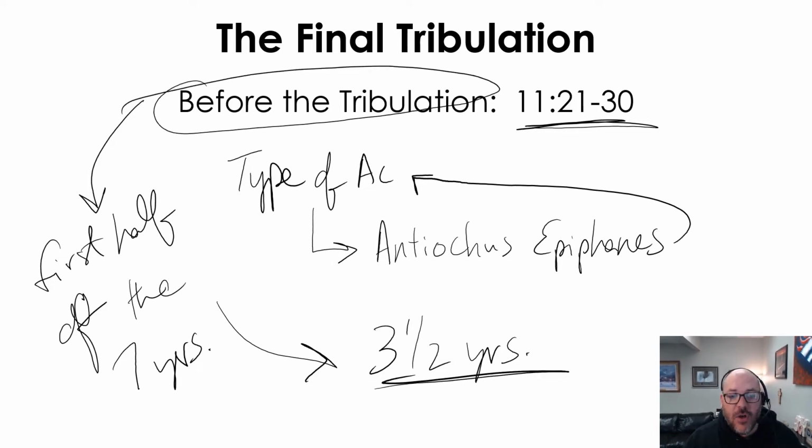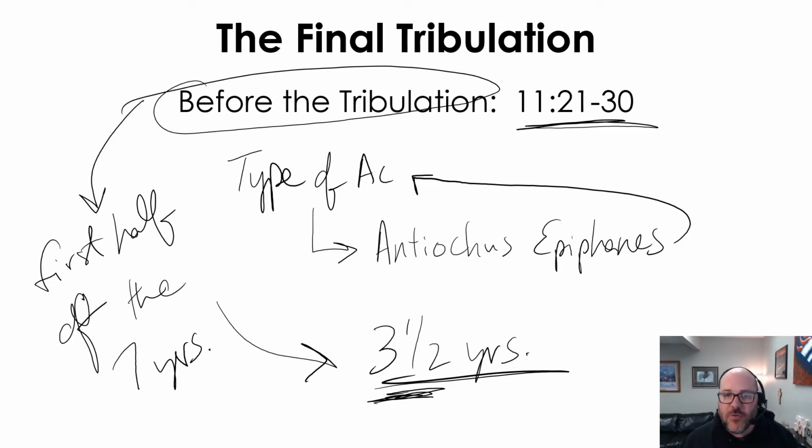Now, I believe also that these events are also going to start shaping up even before we get to this 3.5 year mark, but I could be wrong. Again, these are all open to interpretation. Only God truly knows the whole picture. We see it just in part, and we try to put the pieces together.